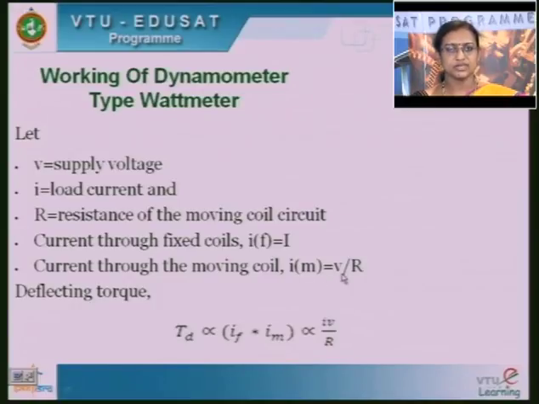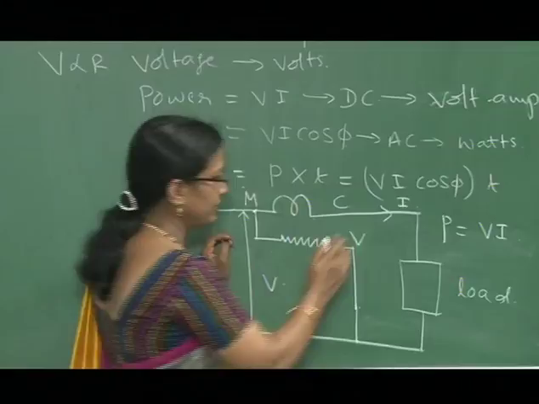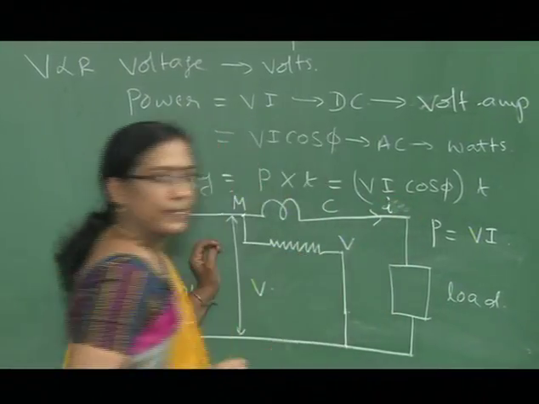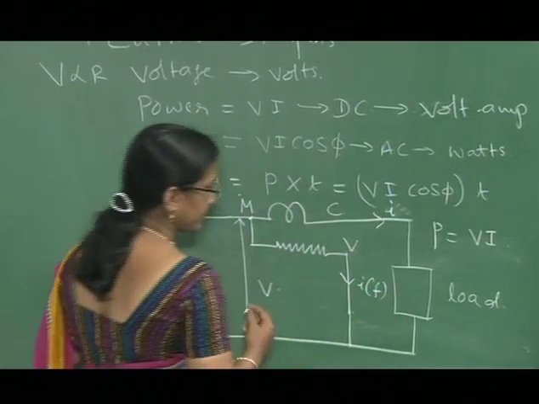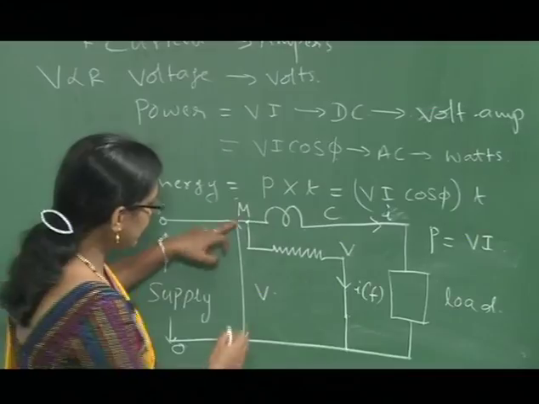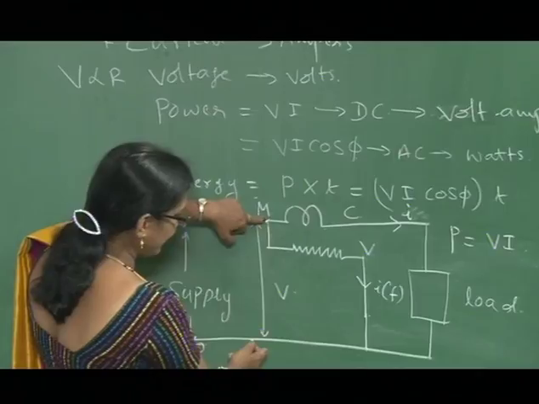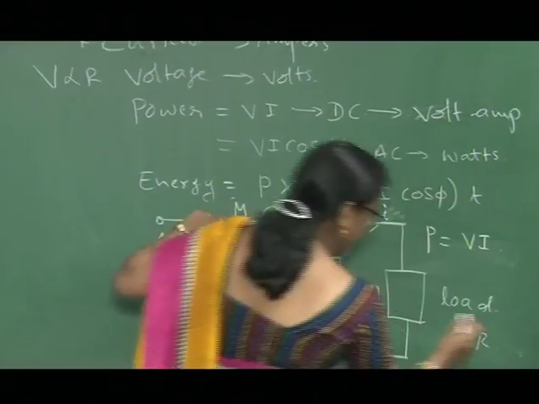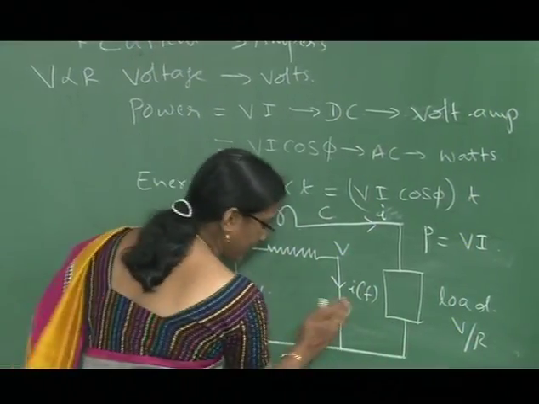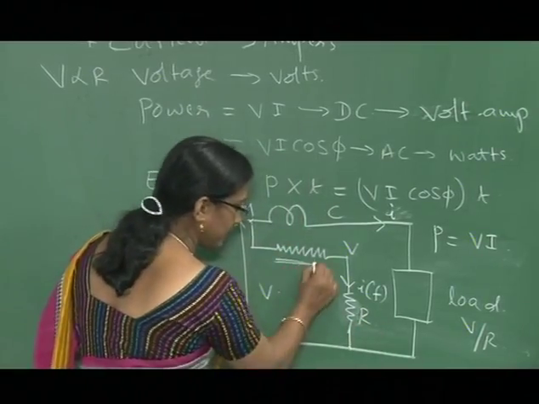So that is equal to V by R. What symbol have we considered for the current flowing through the load? We have considered it as small letter I, and the current flowing through the fixed coil as I of f. Since this voltage coil is connected exactly across the load, the voltage across it is V divided by R, the total resistance R. Here to limit the current, you connect the resistor R in series with the potential coil.